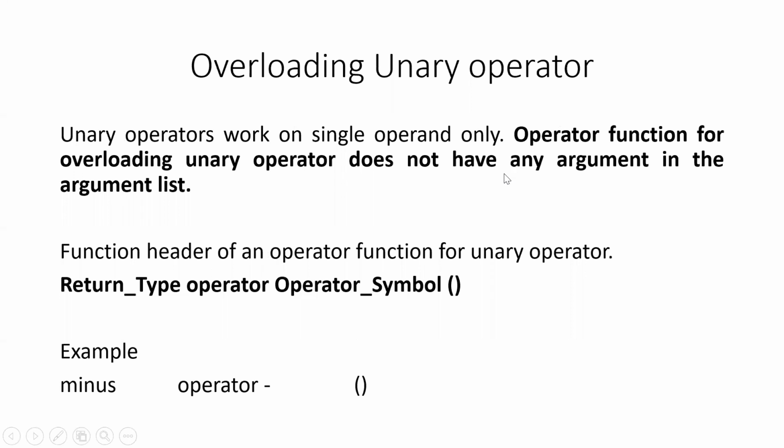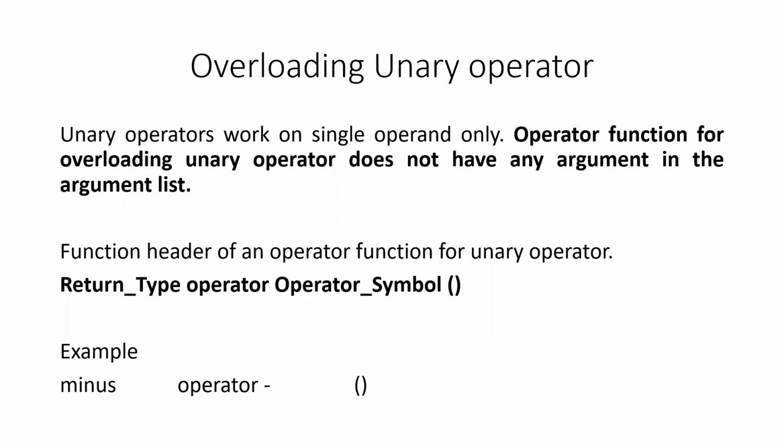We generally have three types of operators, but we will overload two types because the third type of operator cannot be overloaded. The first category of operator is a unary operator. Now, what is a unary operator?